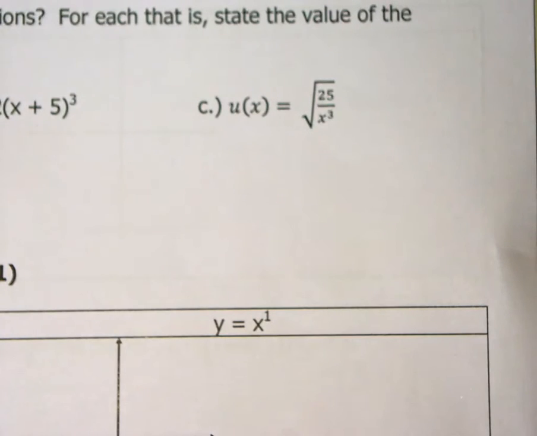What's a square root, guys? Oh, you could square the whole function, so then it would just be 25 over x cubed. Would you switch the variable and solve for y? No. Okay. Think about what we did on the first one. How can you rewrite a cube root? How can you rewrite a square root? Ty?